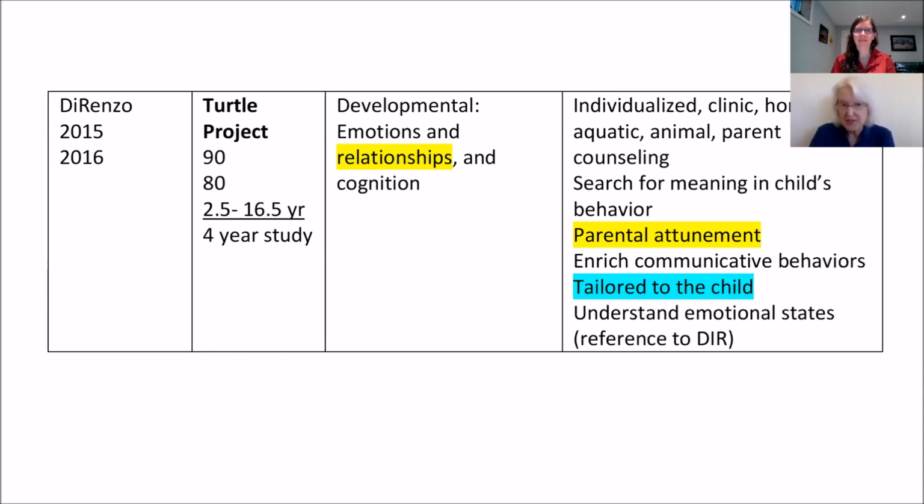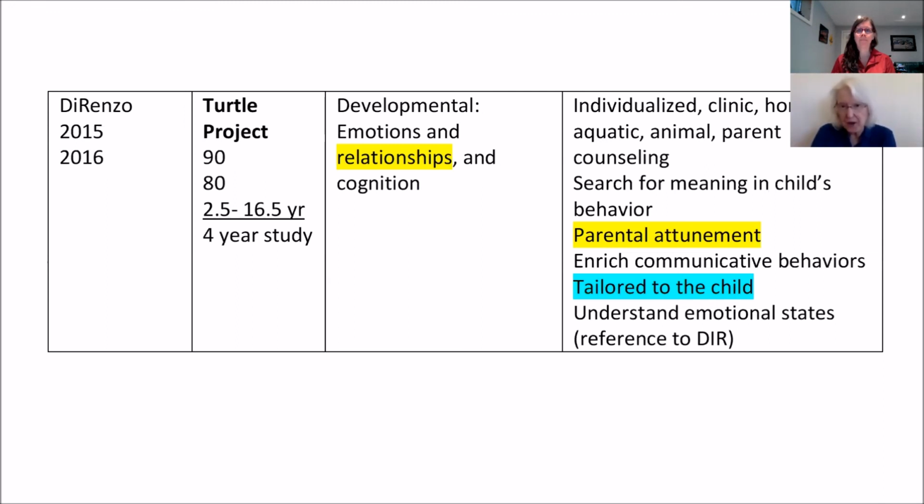And this was a study, it was two different reports, basically the same study of a 4-year study. And they had 90 children that they followed, and the ages of the children were very broad, between 2.5 and 16.5. But again, the focus of this intervention is on relationships.